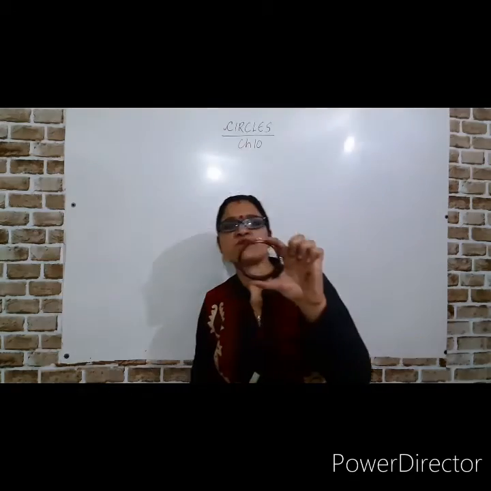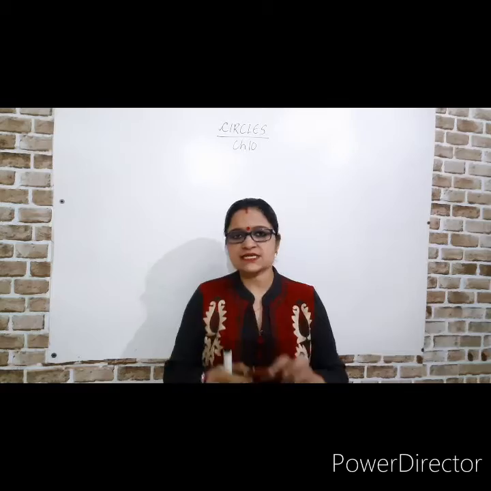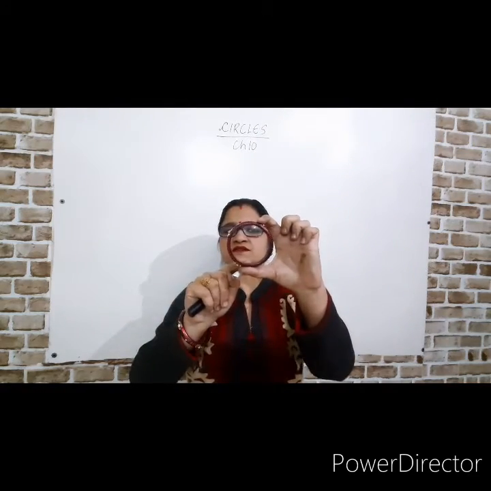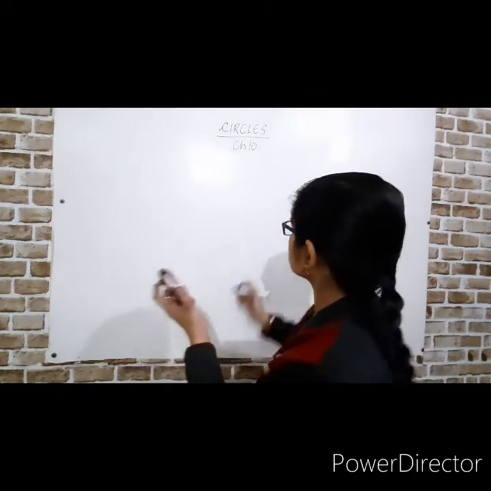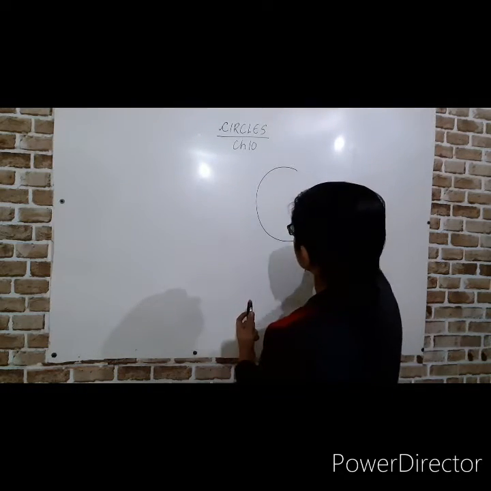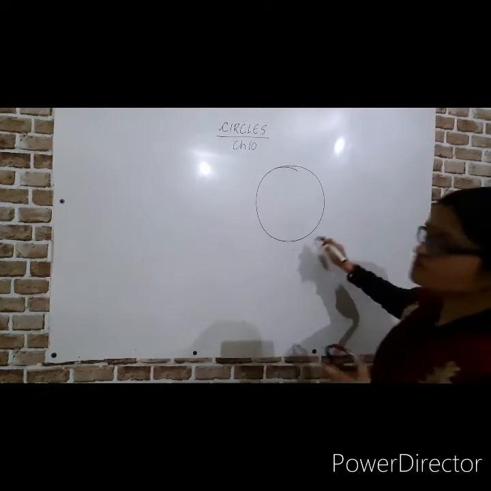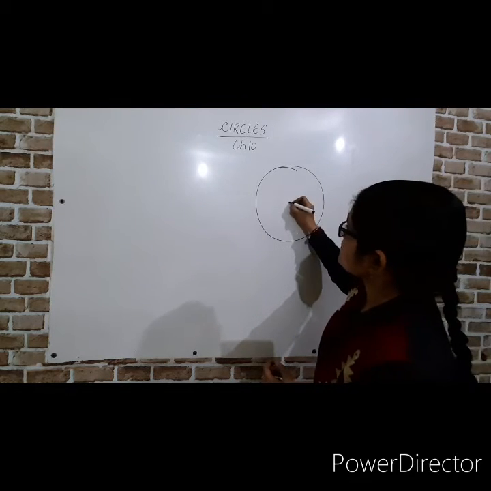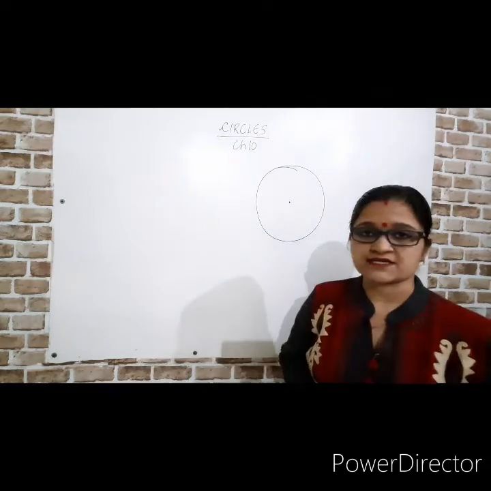This is the shape of a circle because a circle is a collection of all the points. Let us draw this circle here. It's a collection of all the points whose distance from a fixed point is fixed.